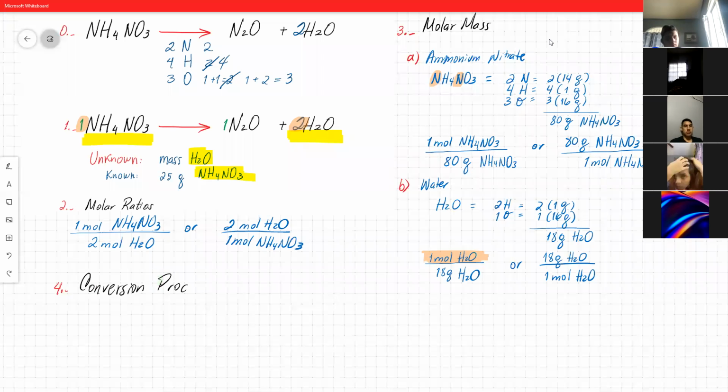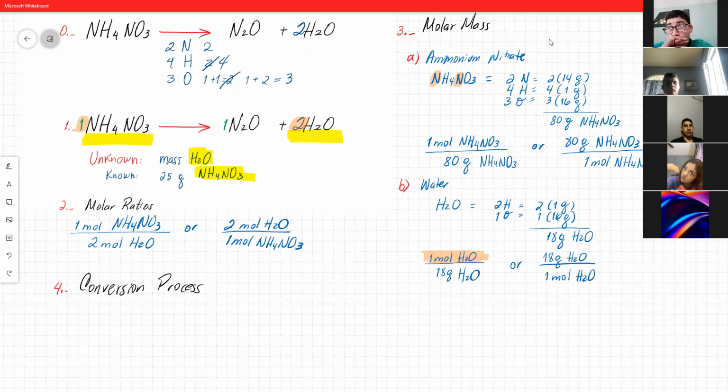Okay, conversion process. I'm going to give you a key, a path to follow. For stoichiometric mass-to-mass conversion, you always start with the mass given.